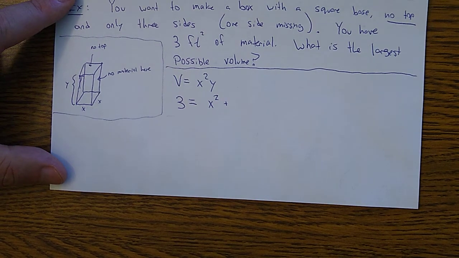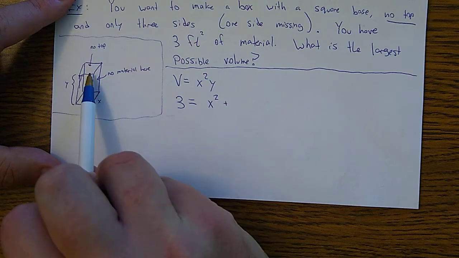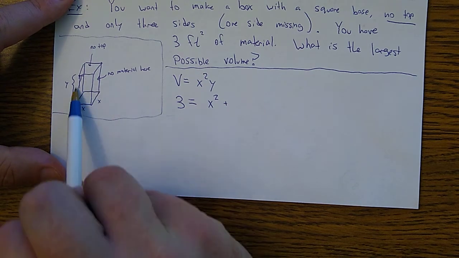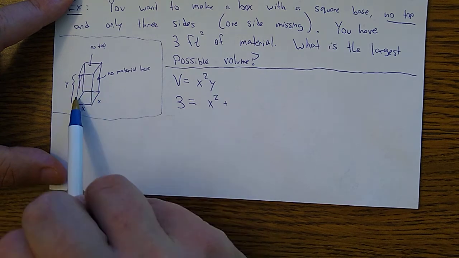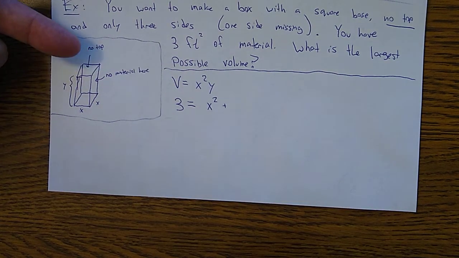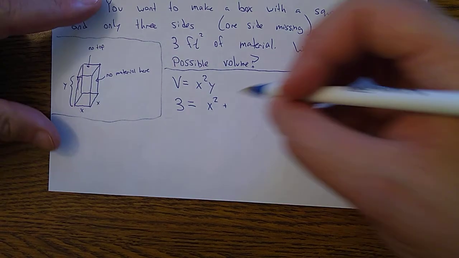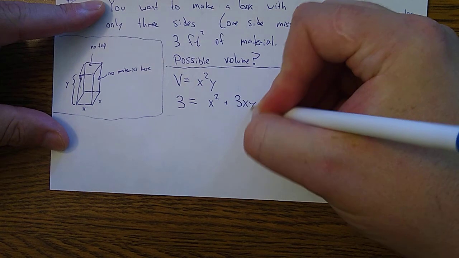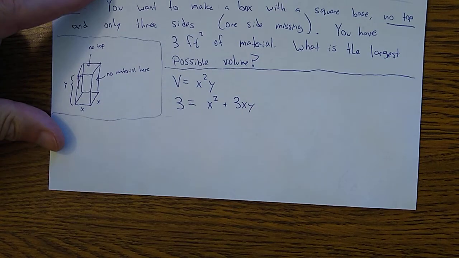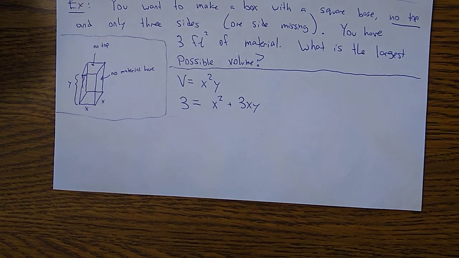The top is missing. Other than that, I have the sides. I would have the front, which is x times y. I would have the left side, which is x times y. I would have the back, which is x times y. I do not have the one on the right. So if you count that up, I've got 3 sides that are x times y. And that's it. That's all the material. Okay?